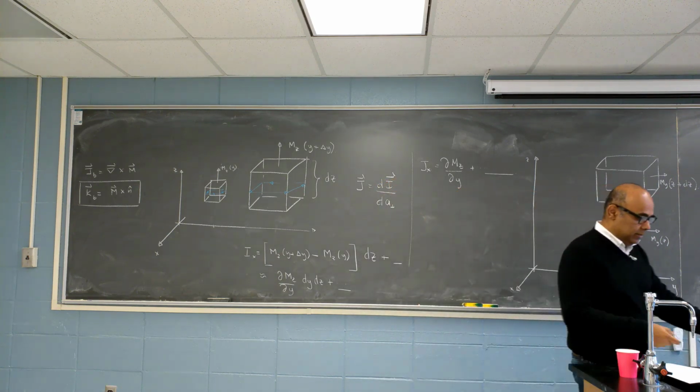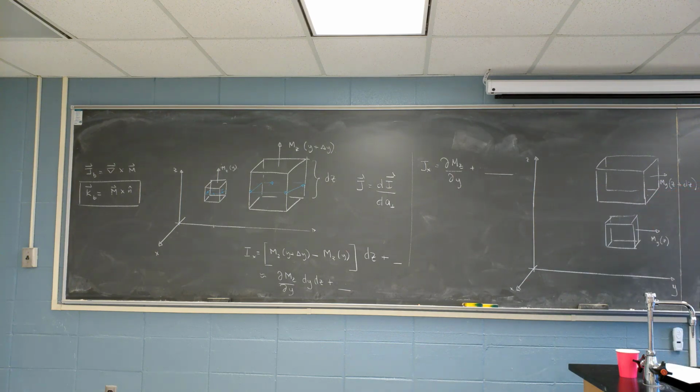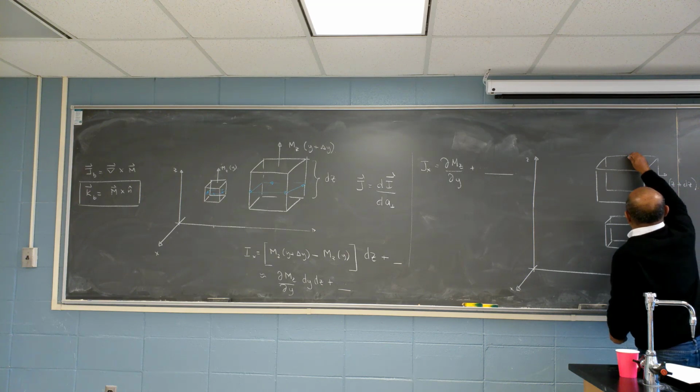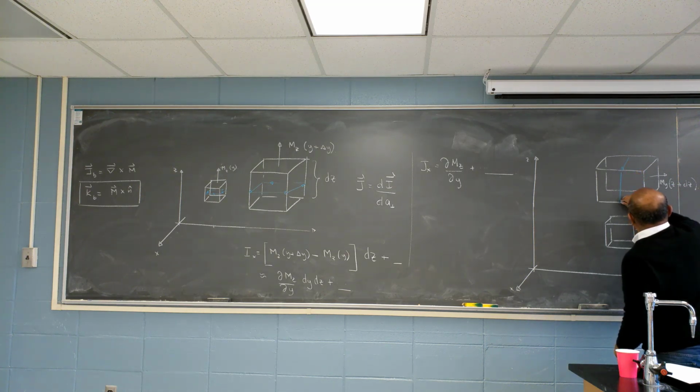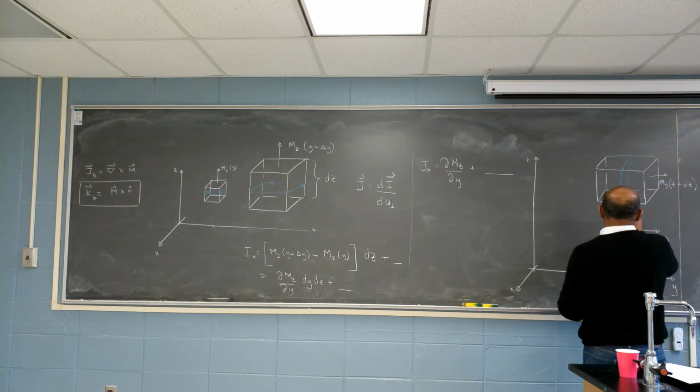In this case, I used blue, so I'm going to continue to use blue. I'll have some current here, some current here, some current here, some back current here. And this is a smaller rectangle.